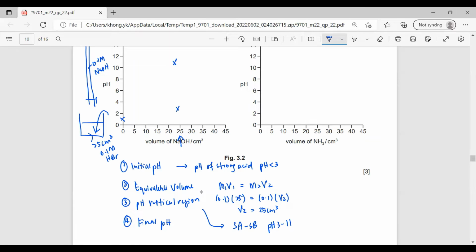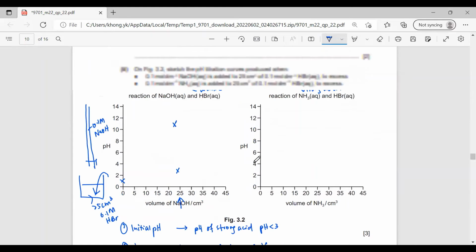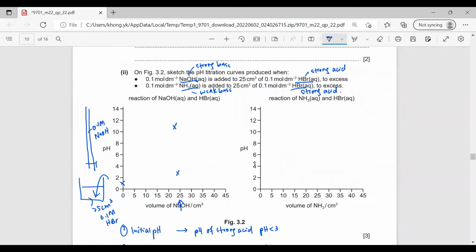And the final pH is the pH when you have added excess NaOH. Since NaOH is a strong base, it should be a pH of a strong base, which is normally greater than 12. So I will mark it around pH 12 to 13.